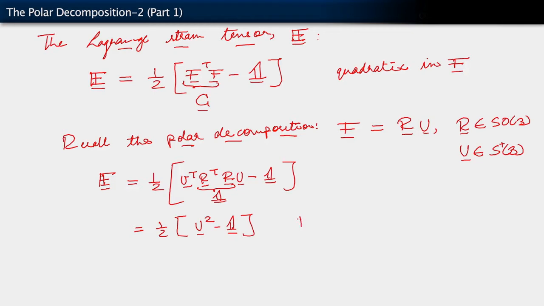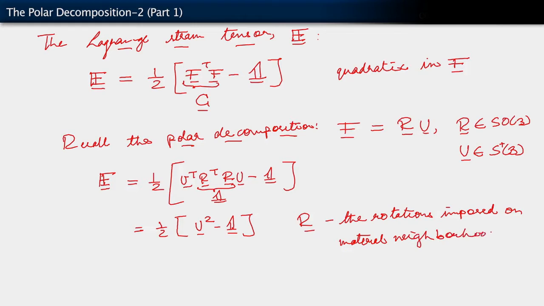Okay? What this implies is, we've already said what it implies, but I'm going to state it: the rotations imposed on material neighborhoods of X, right?